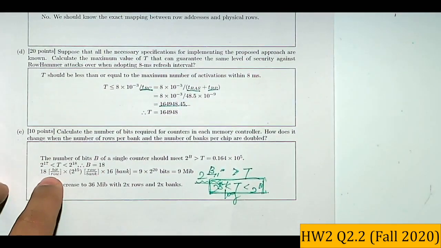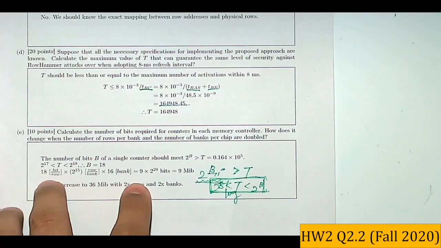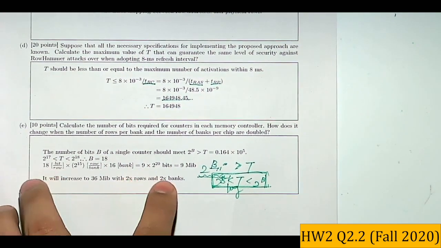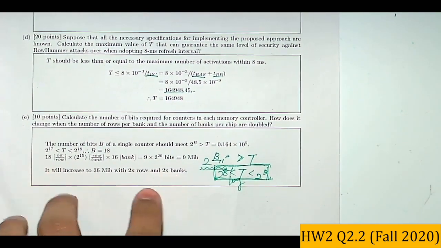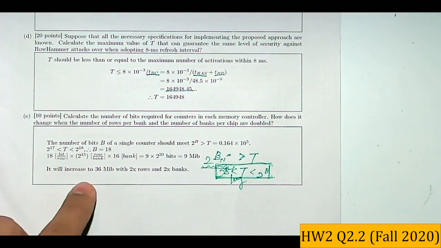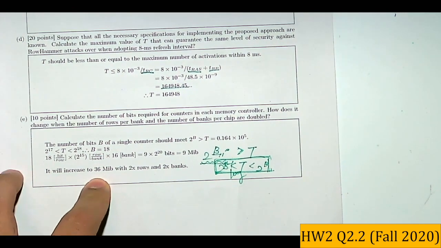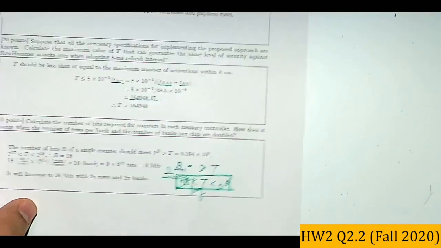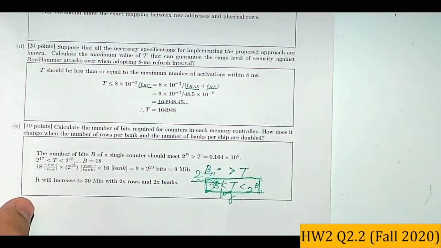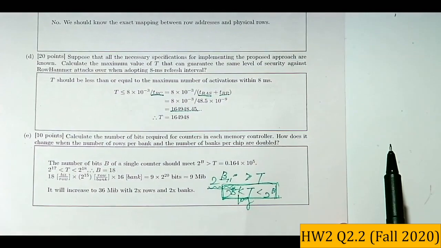And with this value, we can simply calculate the number of bits required for the counters. And it can be increased by 36 millibits if the number of rows and number of banks are doubled.